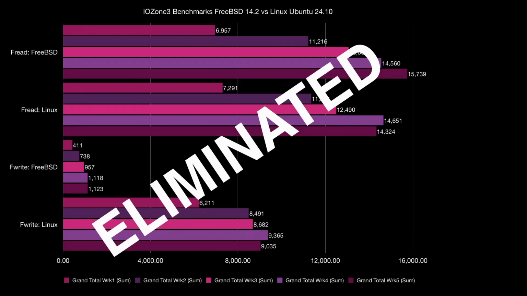As you can see, though, Linux does have an advantage in the early game, but it quickly loses. It falls behind FreeBSD on the fread. Now, the FWrite, we already know, that's what we were just talking about. You can see clearly there's an issue here that FreeBSD is not recording enough writes.